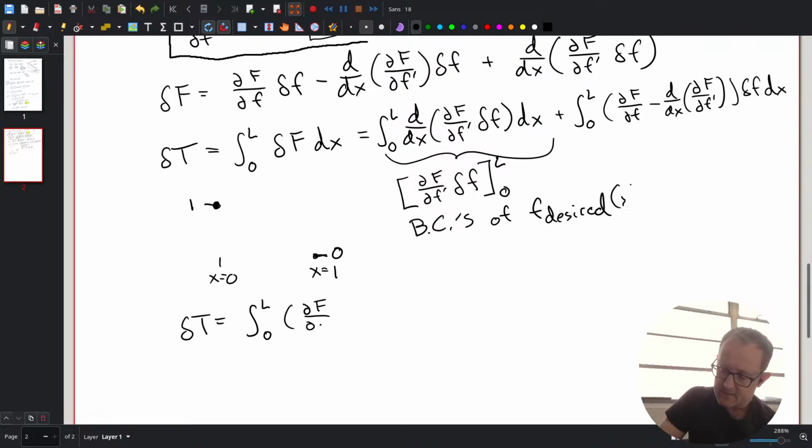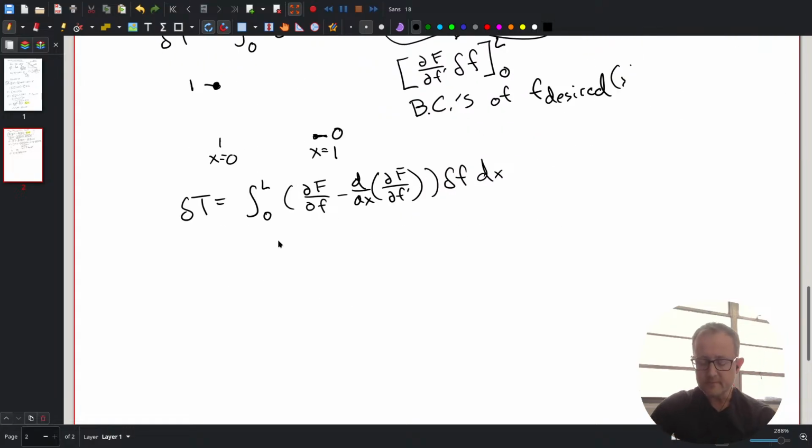It's just this 0 to L times df d little f minus d/dx df df prime times this delta f dx. So this is that delta f term, the thing that I actually care about here.